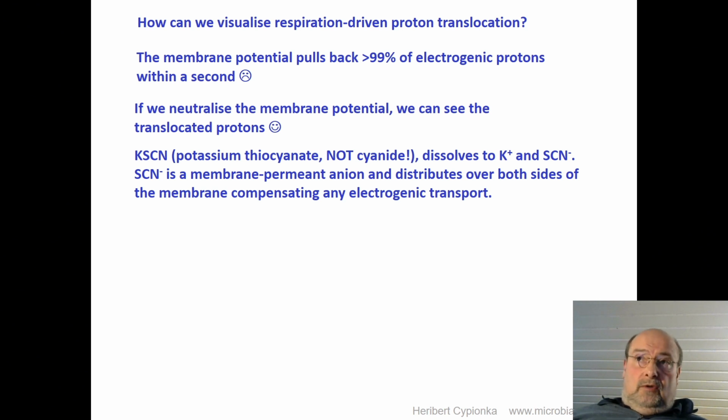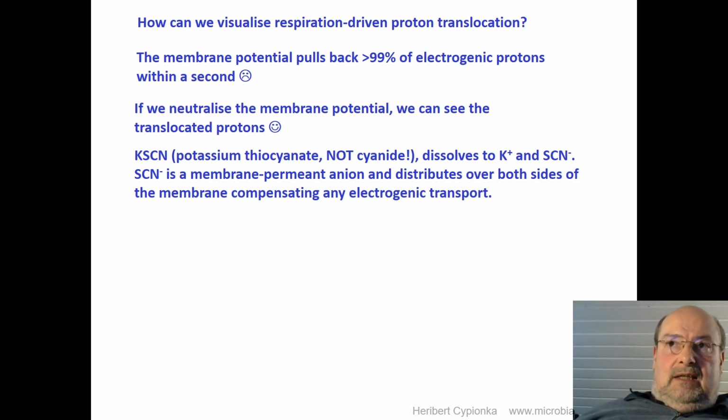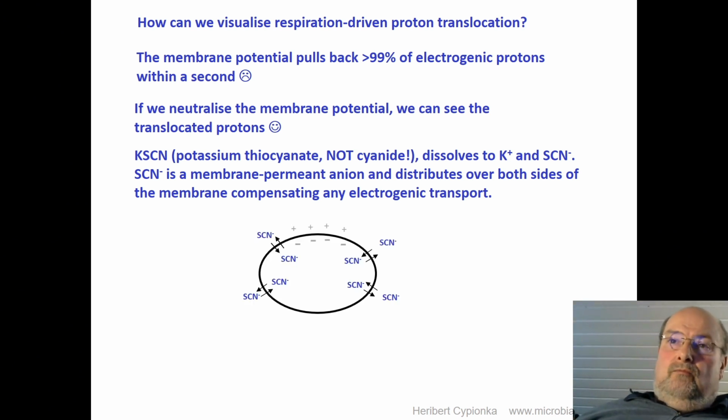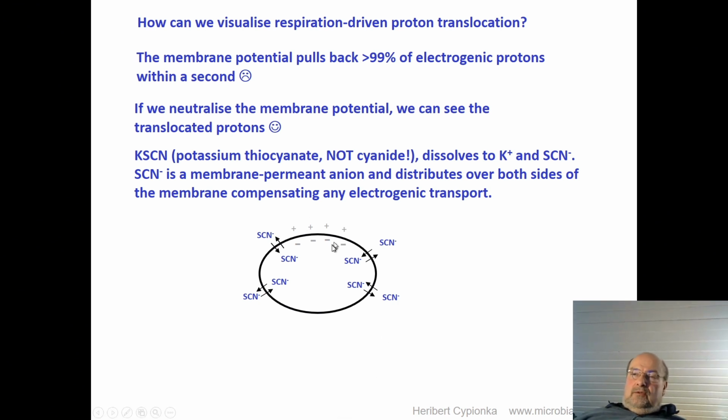And this is a simple salt, it dissolves to K plus and SCN minus. And the SCN minus anion is membrane permeant. It distributes over both sides of the membrane and compensates any electrogenic transport. Here's the scheme. We have learned that some 30,000 charges generate the membrane potential of 150 millivolt in a bacterial cell.